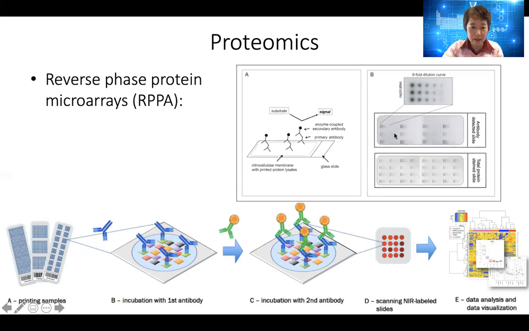With this, they have to generate many such arrays, because for each tumor you can take very thin slices to put on the protein microarray. And then for each array, you can put in many tumors. See, each block is one tumor. If we're interested in testing the expression of one gene, for example KRAS, I want to see how much KRAS protein is available in each tumor, you just put an antibody against that protein.